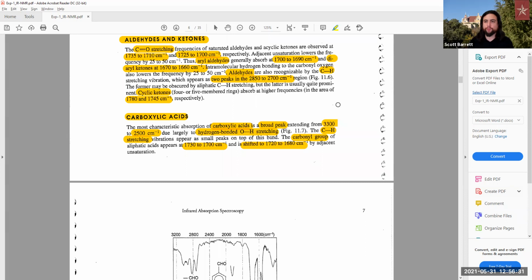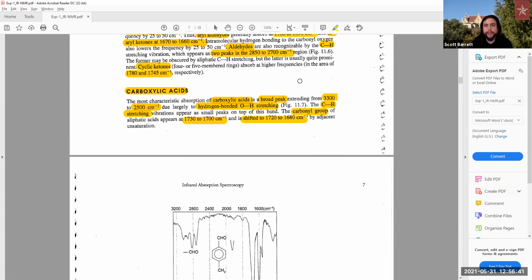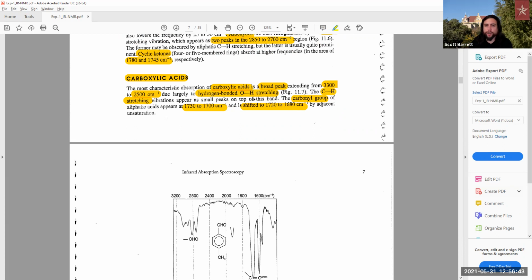So for the carboxylic acid, one major thing you would know is that there's a broad peak because of that oxygen-hydrogen, remember, like the alcohols, in the 3300 to 2500 region, whereas you can see some carbon-hydrogen stretching occurring as little small peaks, which would be here, very tiny additional ones, but mainly down deep here.